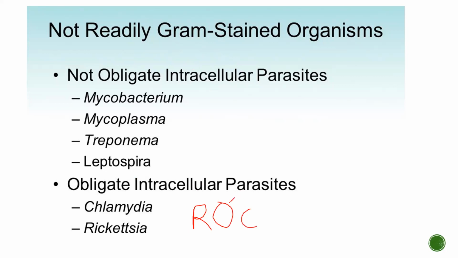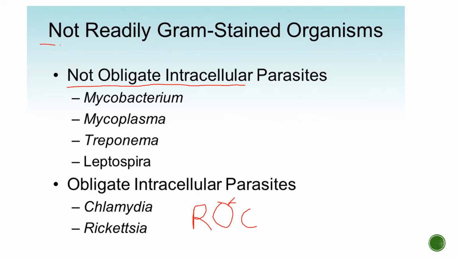Obligate intracellular is the O for obligate, C is Chlamydia, R is Rickettsia. What do we mean by obligate intracellular? It means it needs to be intracellular to grow. It can't survive otherwise. Not obligate intracellular means not necessarily. It does like to live intracellularly, but it can survive otherwise.